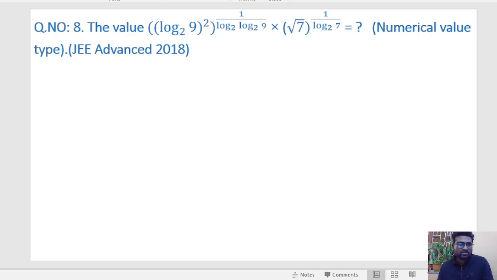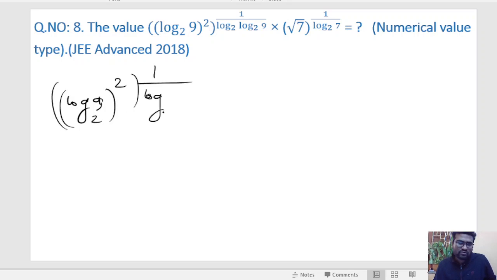Okay, so the given function is log 2 of 9 squared, and 1 by log 2 of 9, times 7 to the power 1 by 2 log 2 of 7 base 2.